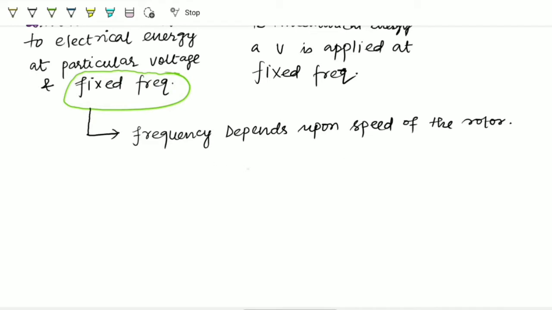We have basically two major components in any electrical machine. The first one is called stator, which is stationary in nature, and the moving component is called rotor.